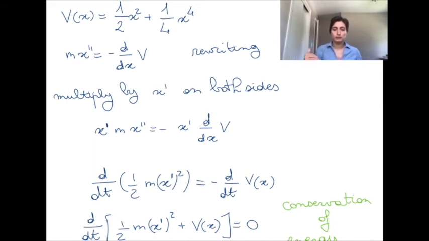So we can even rewrite our initial equation as a full derivative with respect to time of something being equal to 0, that is conservation of energy. So again, we don't have a full understanding of the analytical solution of this problem, but we know how the potential looks, and that gives us an understanding. We know that it satisfies the conservation of energy equation, so we can say that it has a periodic orbit.